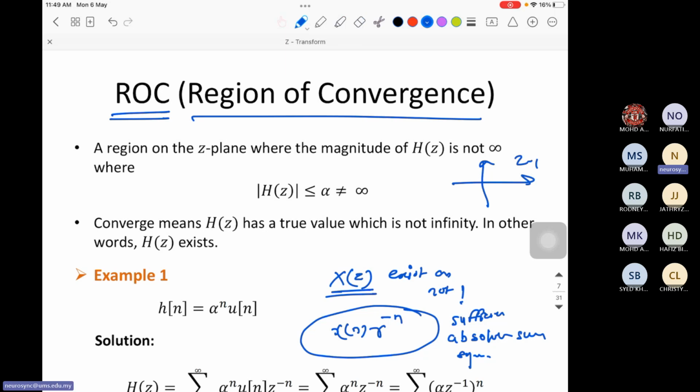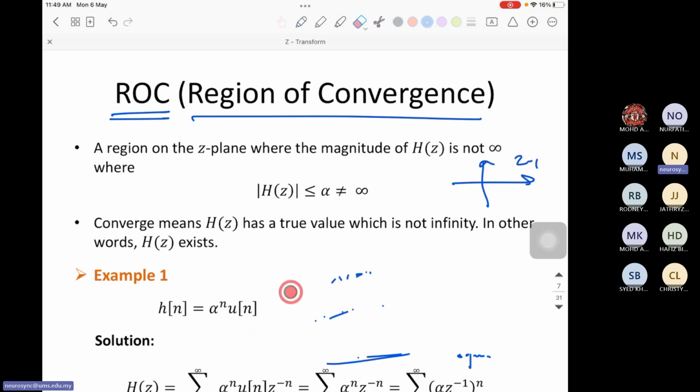Now if the summation of x(n) z^{-n}, this is not r^{-n}, this is z^{-n}, does not converge anywhere in the z plane, then we say that the z transform does not exist. So the existence of the z transform we can also check with the region of convergence.